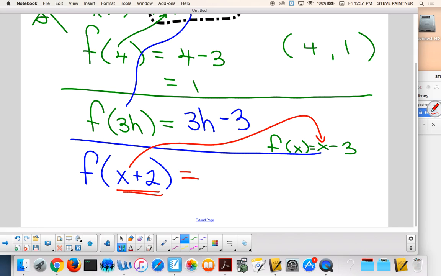X plus 2 goes in for x. But what's x followed by? Minus 3. Is there anything you can do? Yeah. X minus 1 is the answer. So what is the value of your function when you plug in x plus 2? The answer is x minus 1. It's weird because you guys are putting algebraic expressions in, which they don't give you all answers like 7, 8, 9, 10. This is your answer.